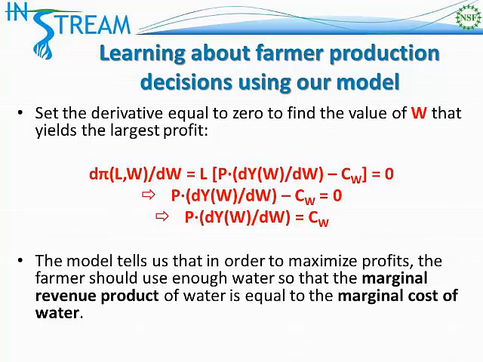By setting the derivative equal to 0, you will find the stationary point. And that is the point at which the value of the expression that you took a derivative of is the highest. So this is the derivative expression that we derived in the last slide, and here we set it equal to 0 in order to find the maximum.